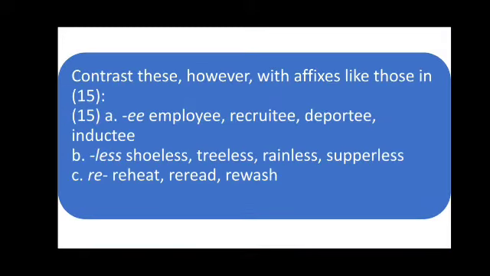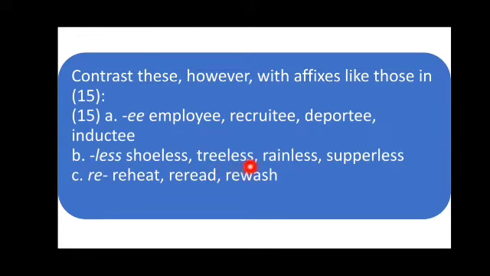And here we can see they do add some meaning, like shoeless. One is shoe, one is shoeless. So -less shows that you are without. And tree is an area that is full of trees, and an area that is treeless has no trees.